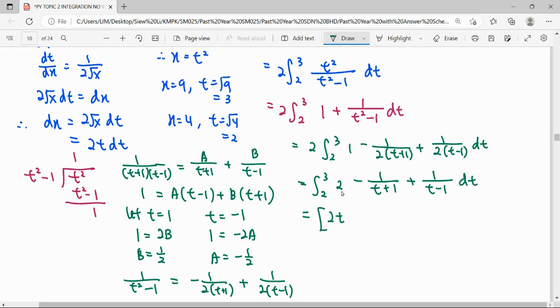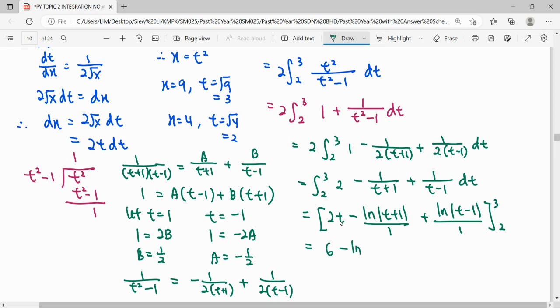So integrate 2 becomes 2t. Integrating this will become ln of t plus 1 over 1, because the coefficient here is 1, then ln of t minus 1 over 1. So we use our fraction formula, formula number 6. Then we substitute our upper limit minus lower limit.